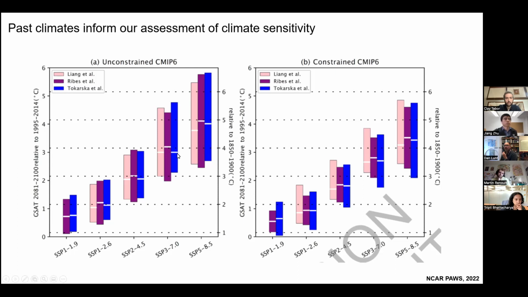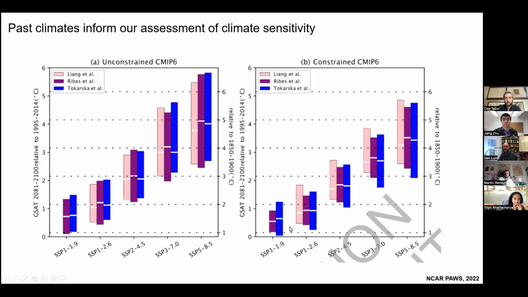This is an estimate where you've taken the average of all the CMIP6 models together, but only those models that have an intrinsic ECS within the very likely range that we assessed, that range of 2 to 5 degrees.